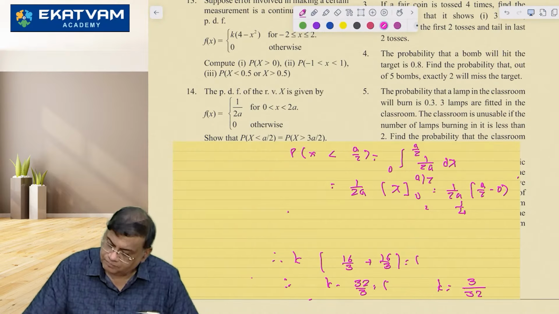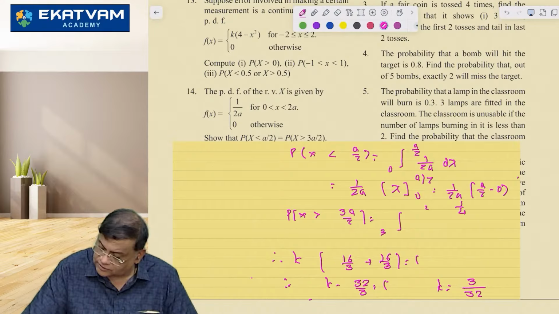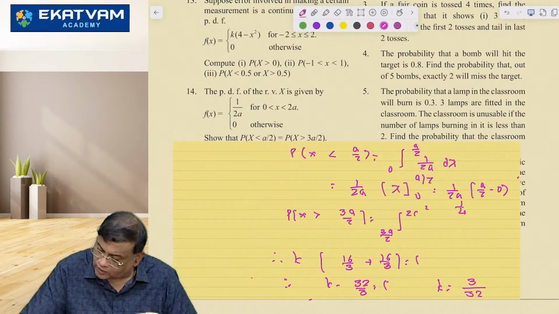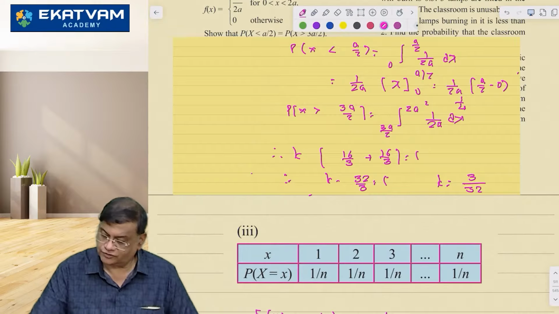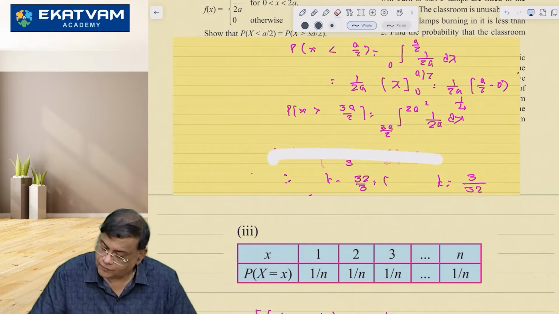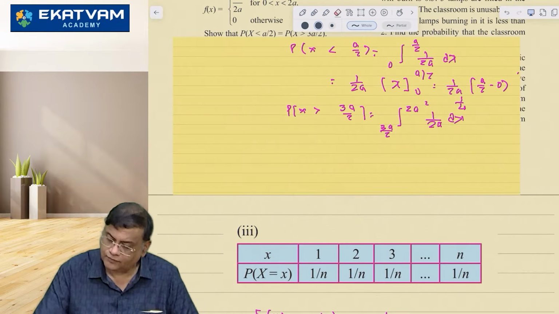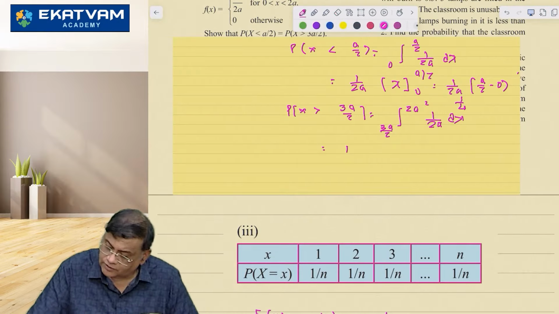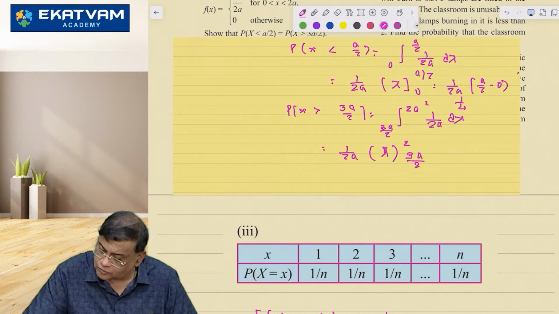And then probability of x is greater than 3a by 2, which is equal to, now it will be integral 3a by 2 to 2a of 1 upon 2a dx. Good questions, but easy questions. And therefore it would just be 1 upon 2a, with x going from 3a by 2 to 2a.